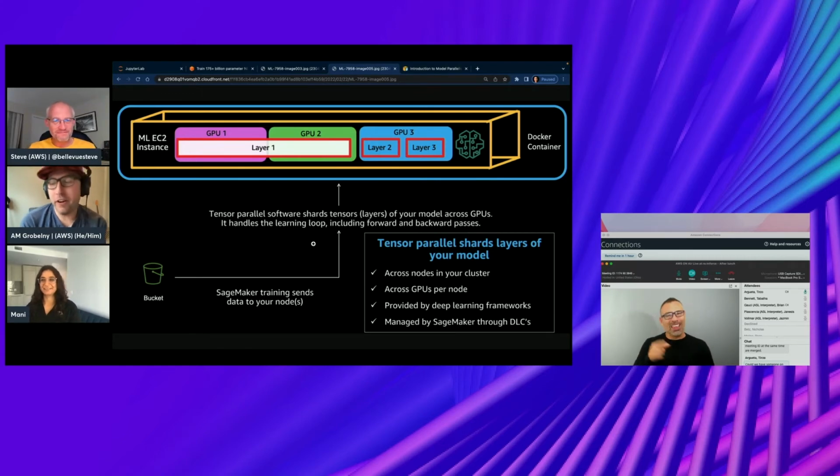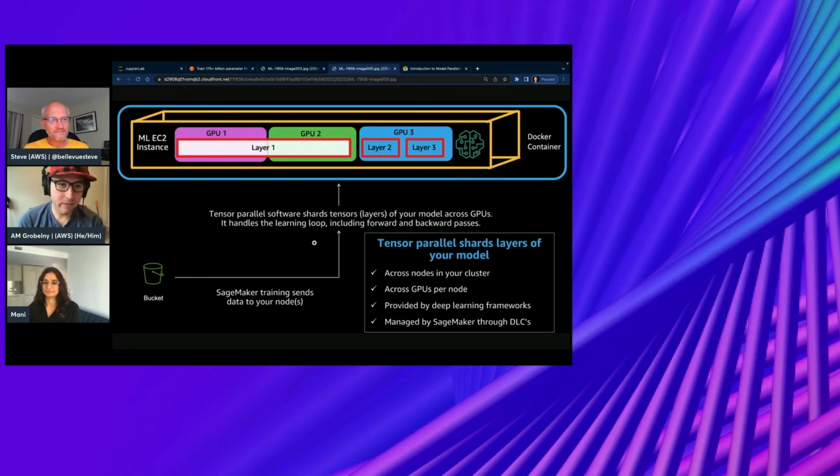What about other memory saving or optimization techniques? I think you had a notebook that you wanted to show us at some point, right? Yes, there are certain memory saving techniques that you can use in addition to tensor parallel. I will share that notebook on how you can set up those techniques.